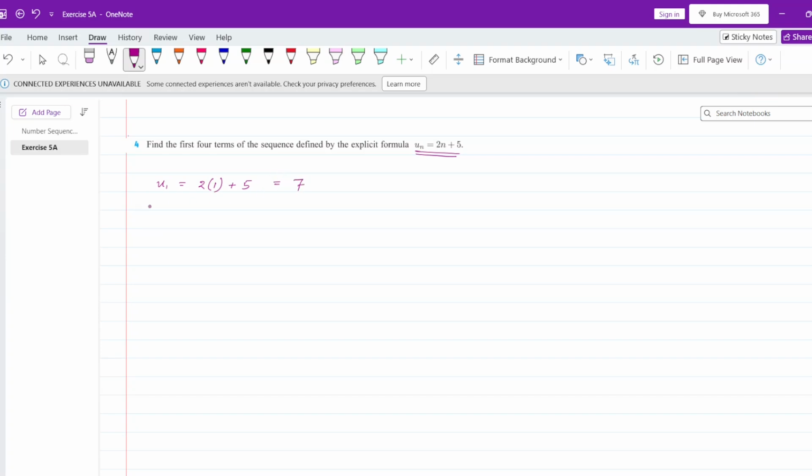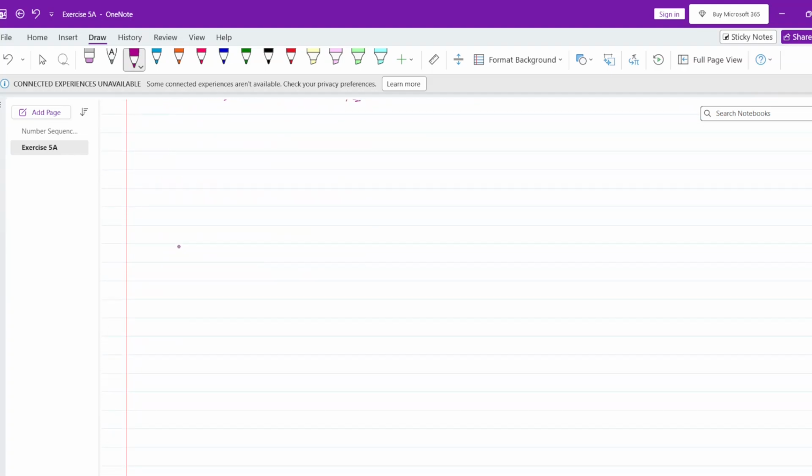That is 7. u2 is going to be 2 times 2 plus 5. 9. u3 is going to be 2 times 3 plus 5. 11. And u4 is 2 times 4 plus 5. That is 13. That's the answer.